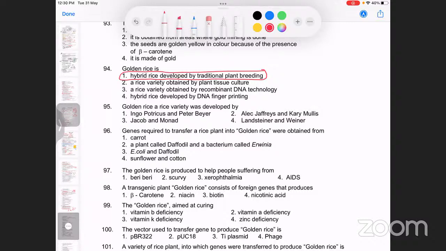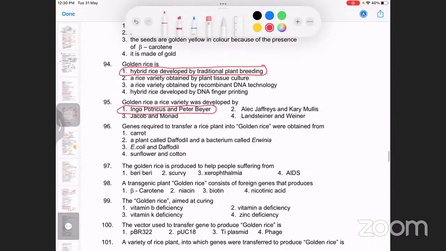So golden rice was developed by Ingo Potrykus and Peter Beyer. These were the scientists who worked on the golden rice variety.